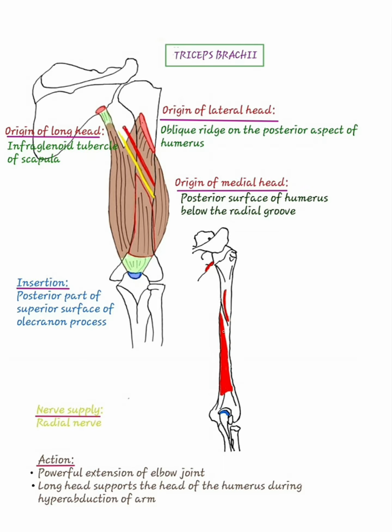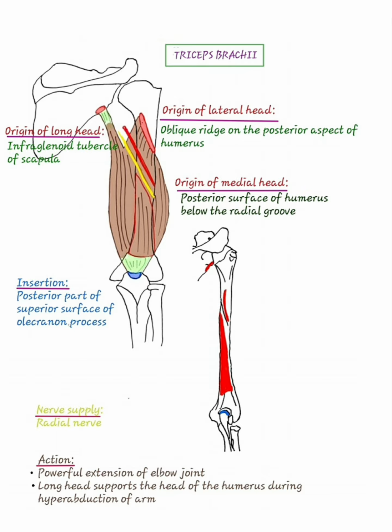The medial head arises from the posterior surface of the humerus below the radial groove. So the long head is from the infraglenoid tubercle, the lateral head from the oblique ridge, and the medial head from the posterior surface of the humerus below the radial groove.